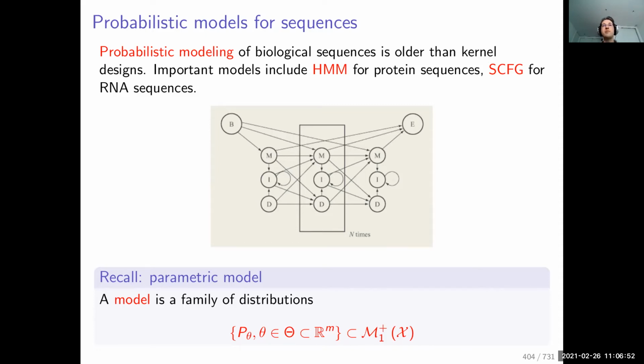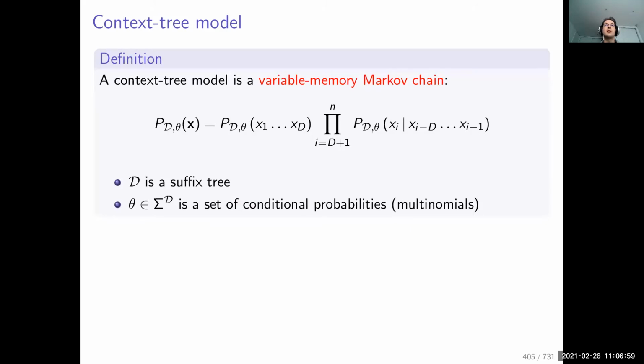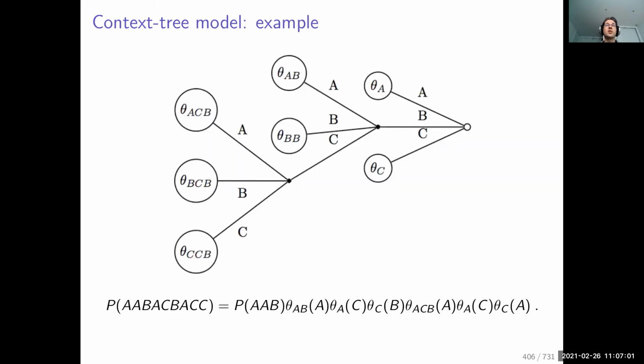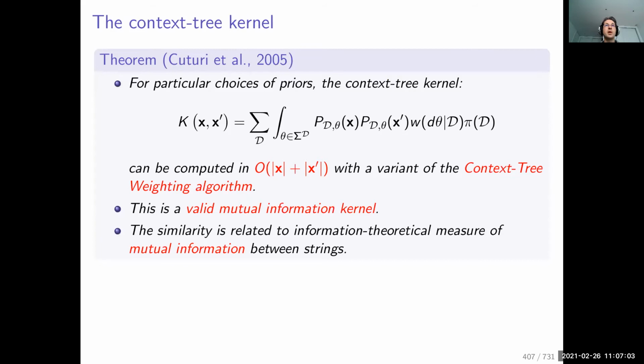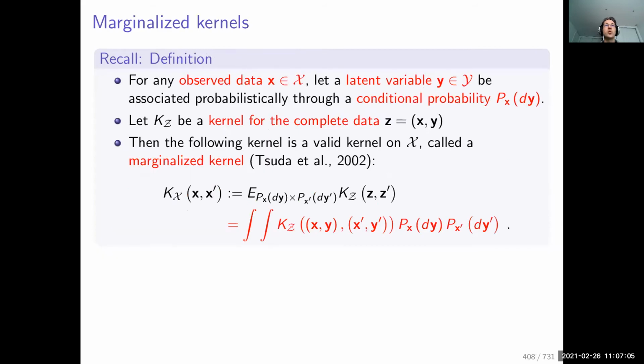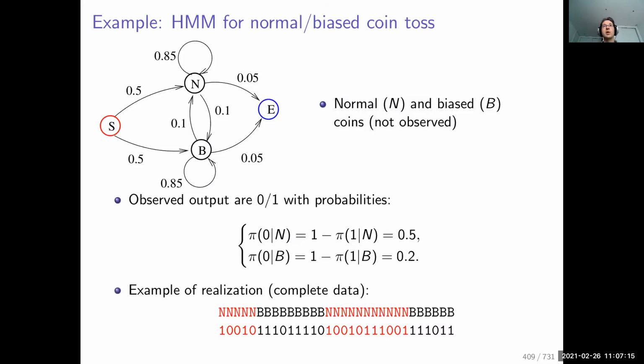So basically, when you have biological sequences, it turns out that hidden Markov models are very popular. And it's actually possible to use a marginalized model using hidden Markov models, okay, where the latent variables you are going to marginalize with respect to them. This is the example again of the coin toss.